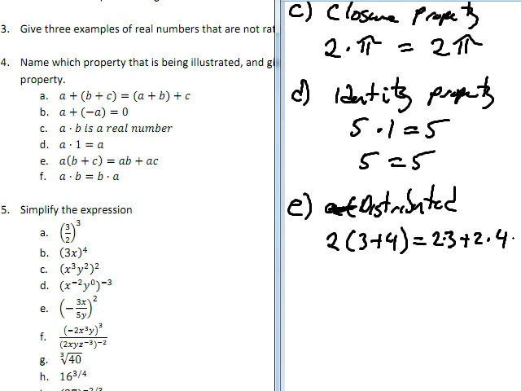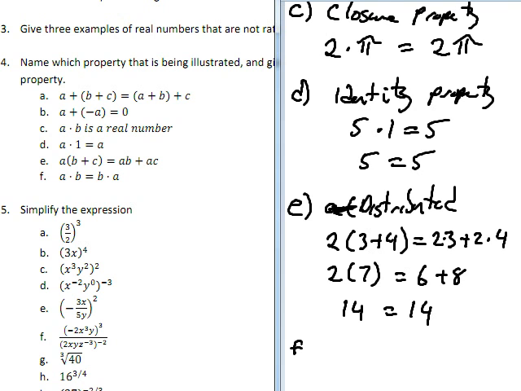Now all I have to do to show this is actually true is to finish working out my numbers. So that's going to be 2 times 7 is equal to 6 plus 8. 2 times 7 is 14. 6 plus 8 is 14. And since my numbers are the same, obviously I've just illustrated that I'm good to go here.